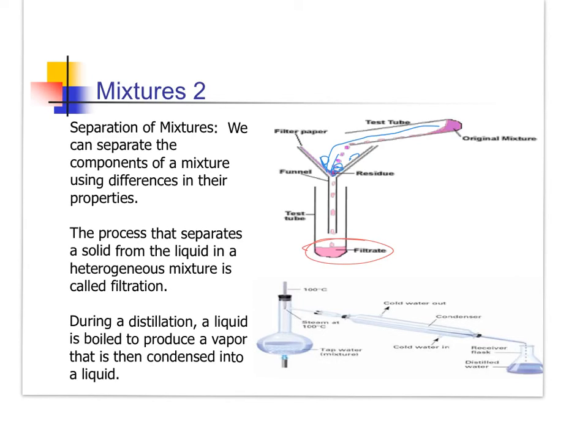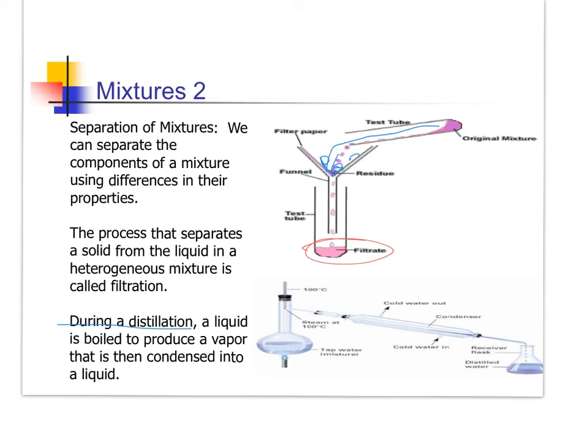And you're like, what happened here? Well, that's it. It's that separation of a homogeneous mixture. And so distillations work great for separating out homogeneous mixtures where we can't tell the difference between them.